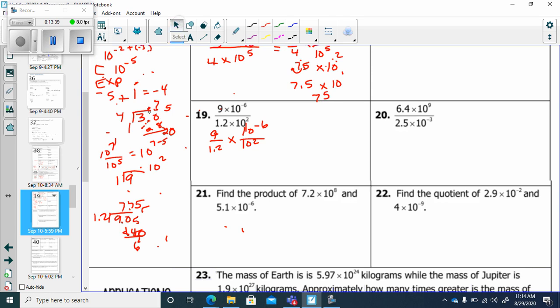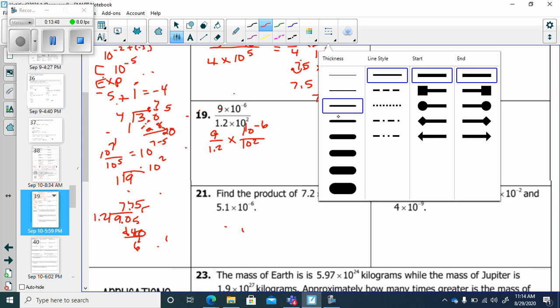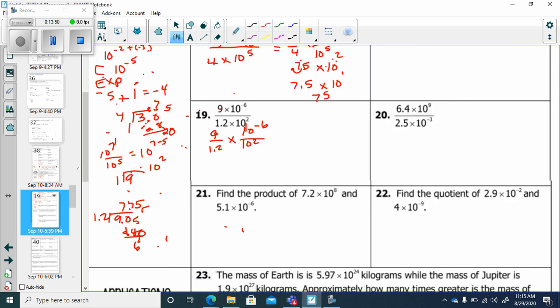Let's see if we can get this back so we can see it a little better. 7.5 times, and I got 10 to the negative 6 divided by 10 to the 2nd. That's negative 2.